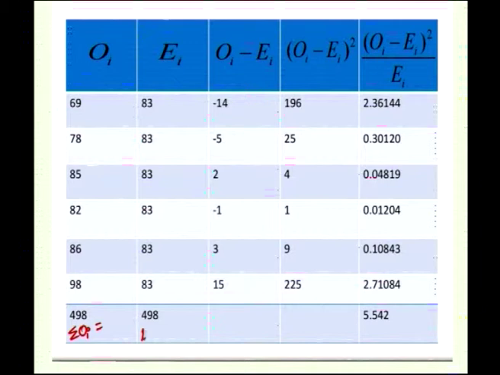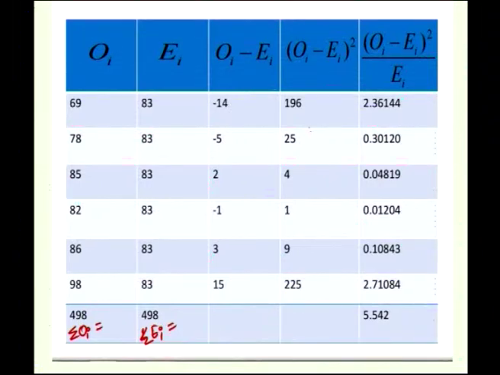This is your summation EI, which gives you 498. Then OI minus EI, 69 minus 83 is minus 14, like that 78 minus 83 is minus 5, like that we have calculated this column OI minus EI.